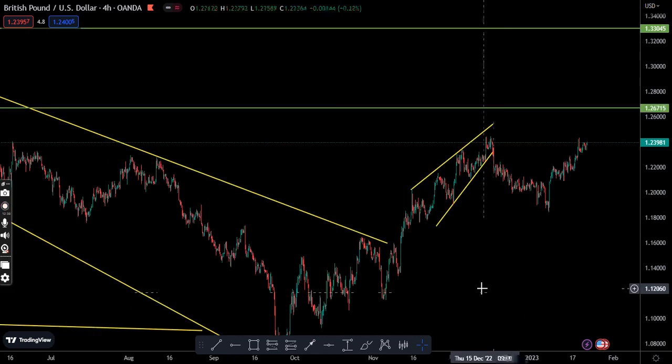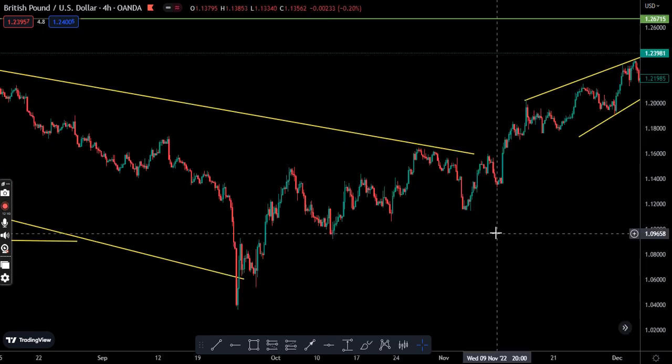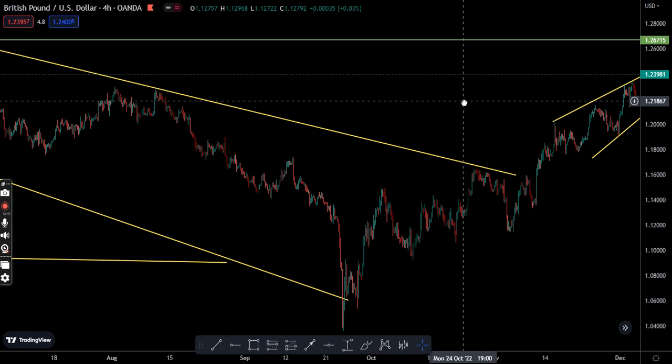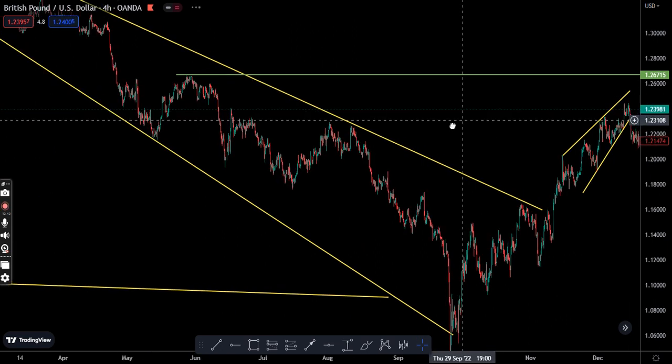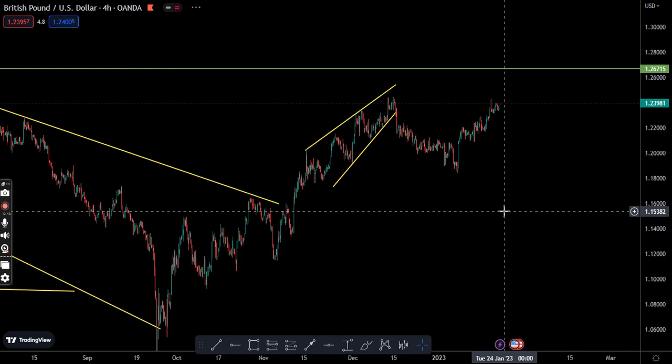All right, as you can see, I've already highlighted what is happening right over here on the 4 hour chart.